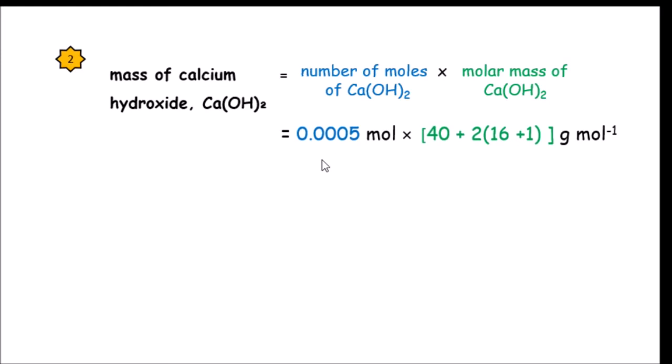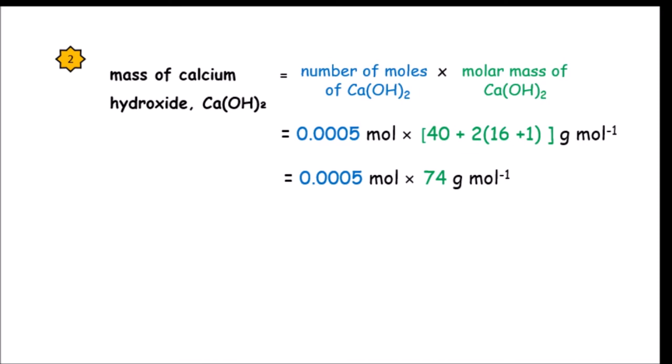Okay, try to calculate it. 0.0005 times the molar mass of calcium hydroxide. So adding all the molar mass together, the molar mass of calcium hydroxide is equal to 74.